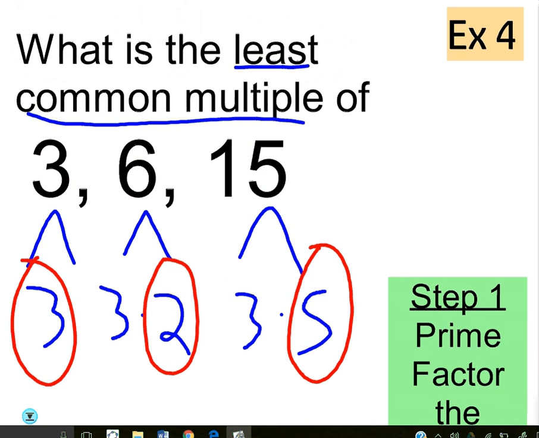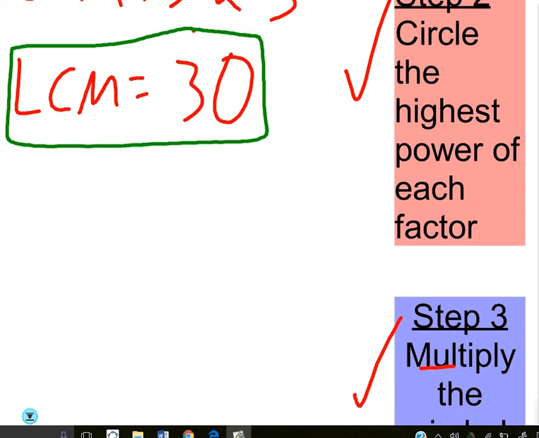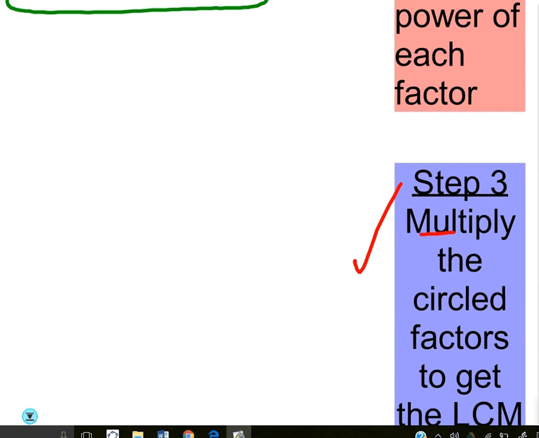Now let's take a look and see. Do all these numbers go into 30? Yes. And is it the smallest? I think it is, right? I mean, the next choice would be 15, right? And they don't all go into 15. Right, that's right. So it's always good to kind of check to make sure it makes sense.